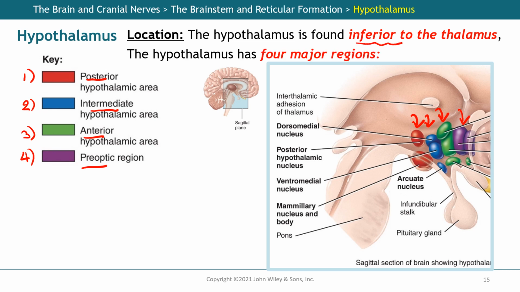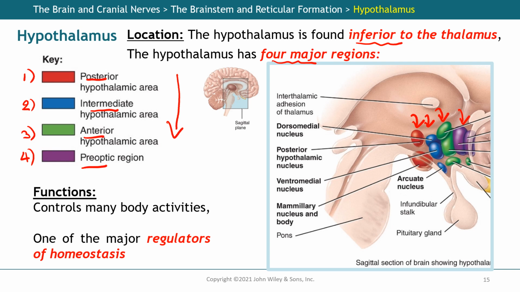I also told you that there are four major regions that here in your diagram are color coded, and that although the hypothalamus regulates many body activities, one that I think is fundamental is that it is one of the major regulators of homeostasis in the body.